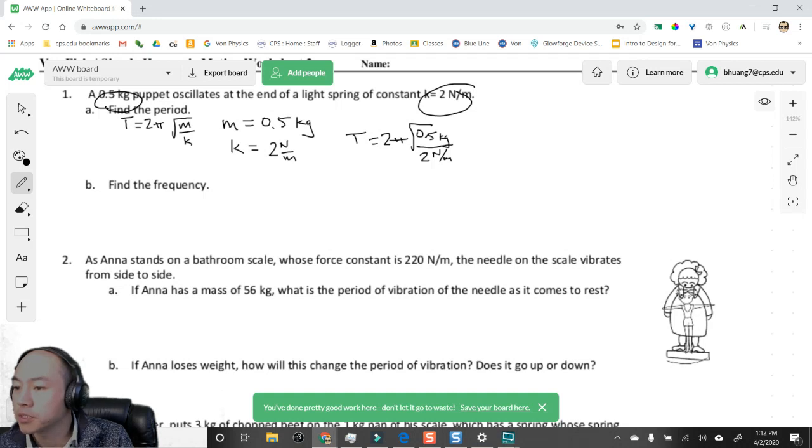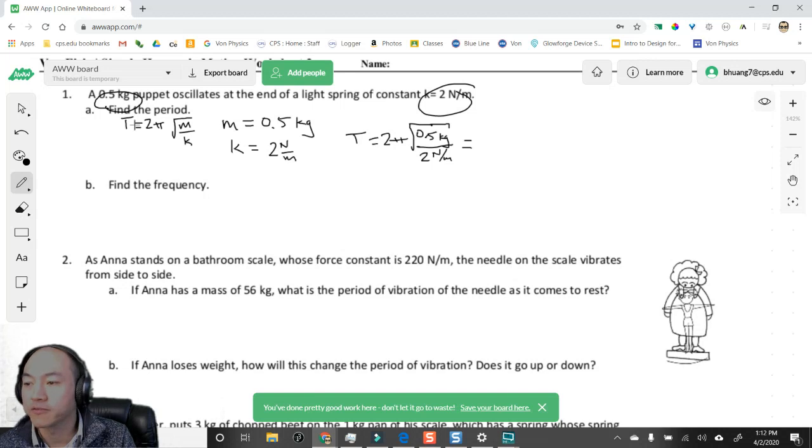Now, we can plug this into our calculator, but I'll show you a trick here as well. If we plug this into our calculator, we get 3.14 seconds. I want to show you why that's the case. 0.5 is the same thing as 1/2, right? So 1/2 divided by 2 is 1/4.